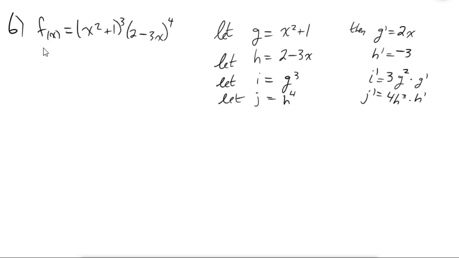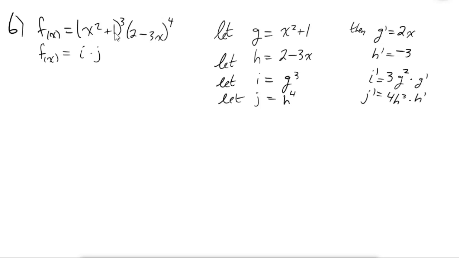So we're going to rewrite our question here completely. We're just going to rewrite it, first of all, as a product rule question. So we have f of x is equal to i multiplied by j, because that's what we have. We have i is equal to g to the power of 3, and g is equal to x squared plus 1.